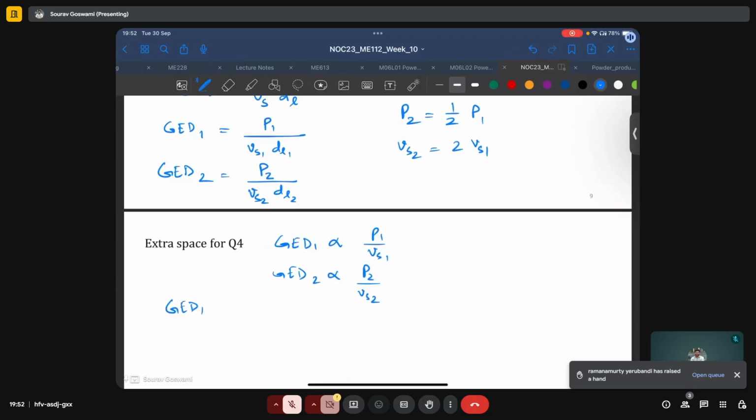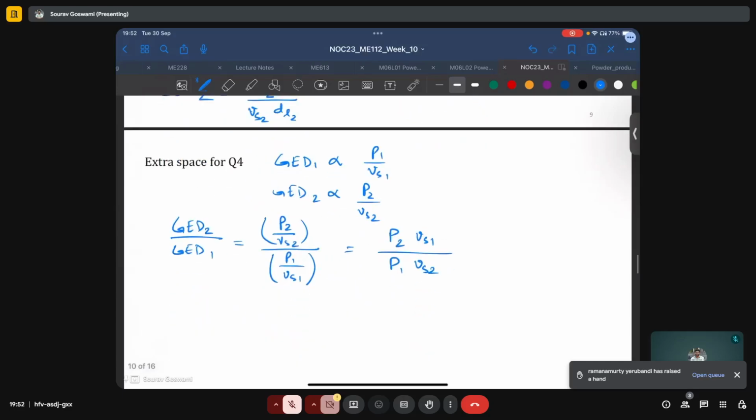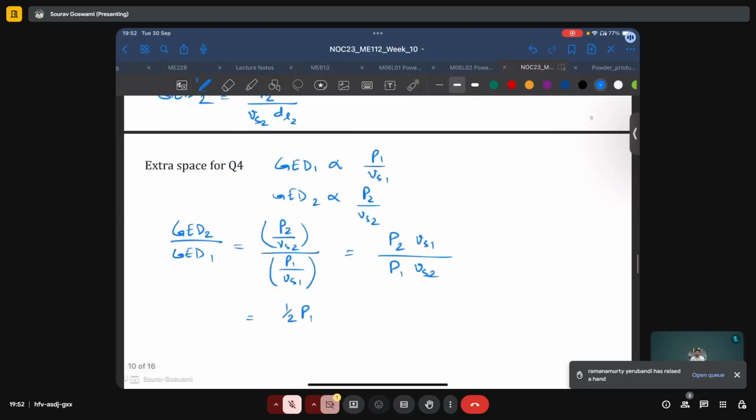Their ratio, just to obtain it the other way, GED2 by GED1 will equal P2 by Vs2 divided by P1 by Vs1, or P2 into Vs1 divided by P1 into Vs2. Now P2 is equal to half P1. We can substitute that here. Vs2 equals twice Vs1.